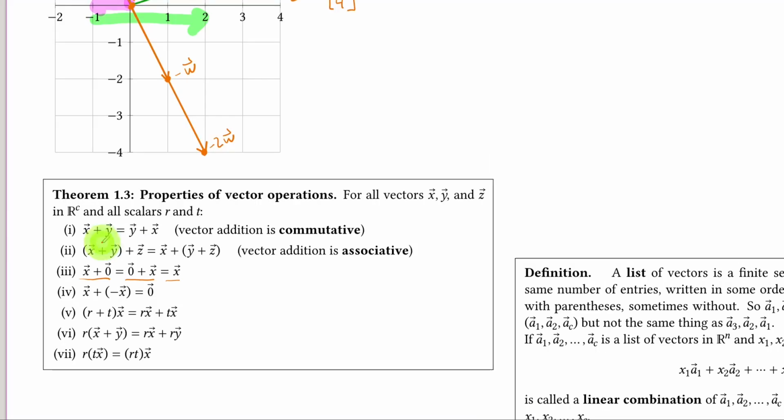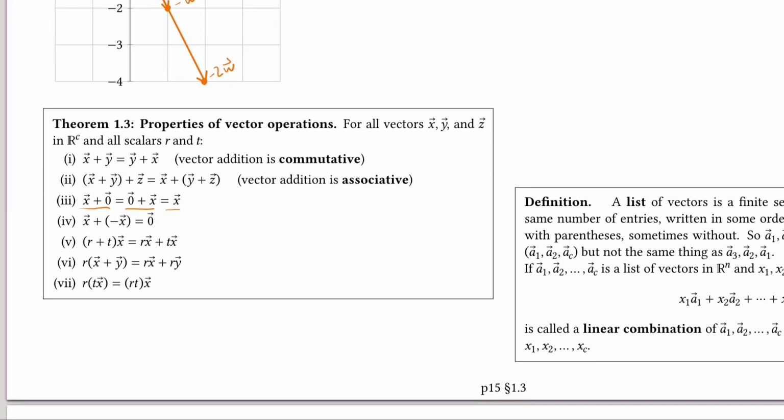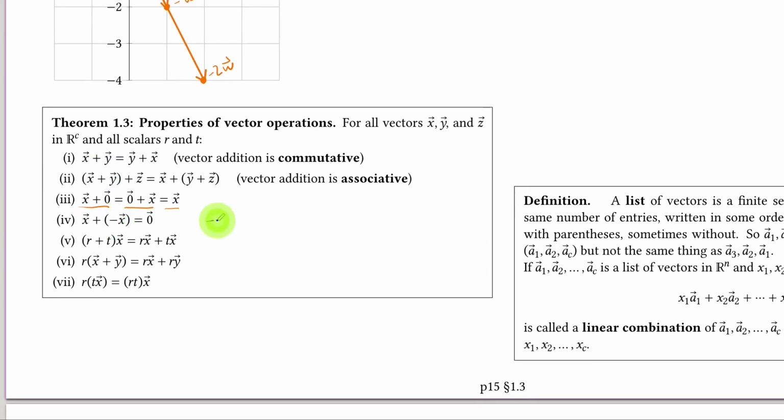4 says that a vector plus the opposite of that vector, and the opposite of a vector, again, really just means scaling that vector by negative 1, when you add those, you will get 0. 5 and 6 here give you two different versions of a distributive rule.